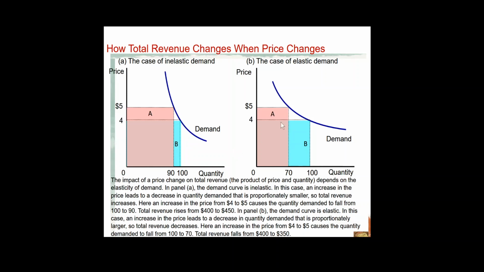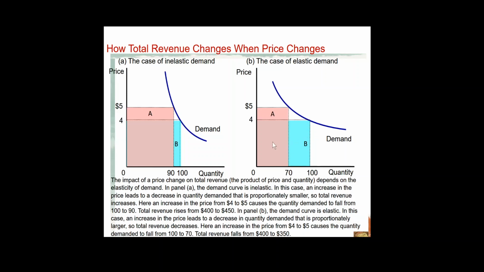Okay. Now let's think about the case of elastic demand. The elastic demand, we said it is flatter. It's flat, more flat. Now look, the contribution of the increment of the price is A, and as you see, it's really smaller than B. And this is the reduction of the total revenue due to people abandoning the market, or actually less quantity demanded.